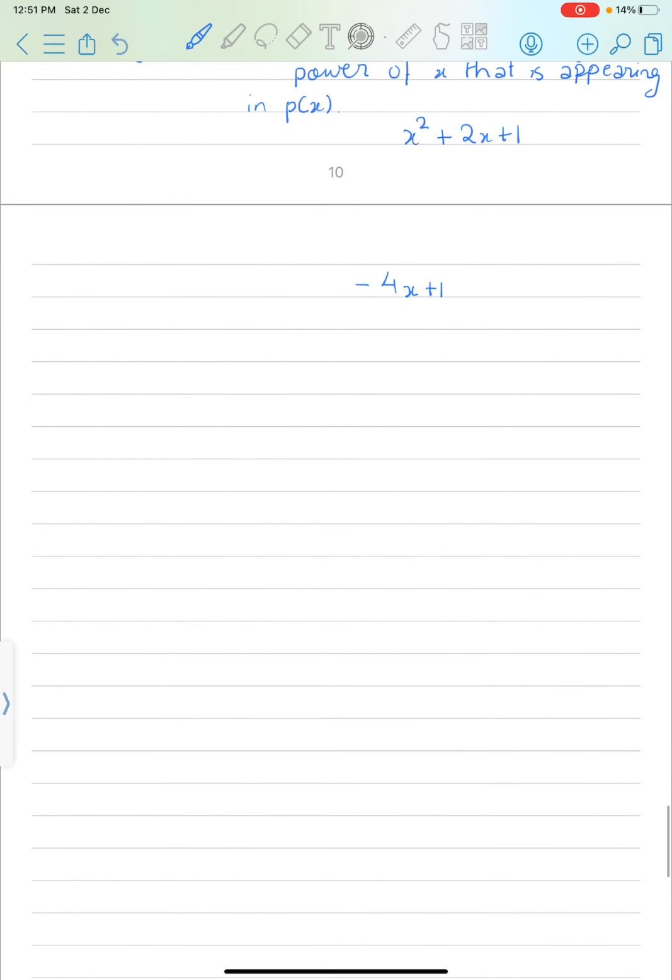How do you divide it? Let's say p(x) is x square plus 2x plus 1, and q(x) is x plus 1. So how do you divide it? x square plus 2x plus 1, divided by x plus 1.